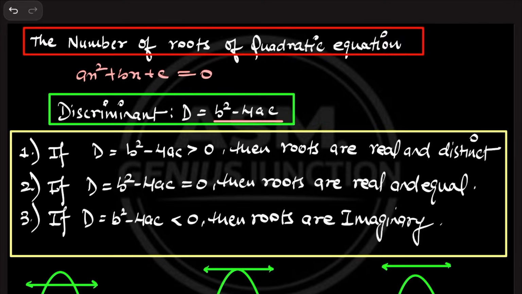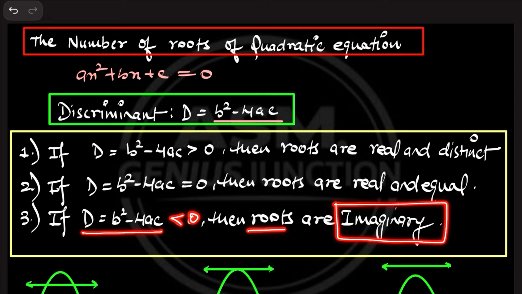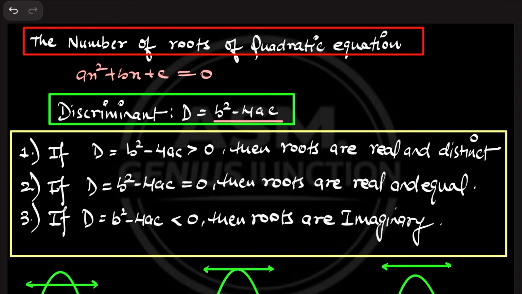Similarly, if the value of discriminant b square minus 4ac is equal to 0, then the roots of the equation are real and equal. And if D equals b square minus 4ac comes less than 0, it means that the given quadratic equation has imaginary roots, right? How this actually appears?